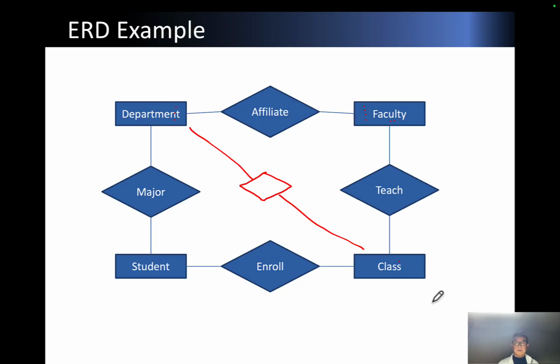But earlier, between student and faculty, there was no direct relationship. Students may only be able to see the faculty through the class in that ER diagram. So depending upon the ER diagram, our interpretation may be slightly different.